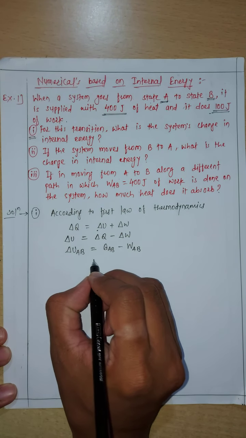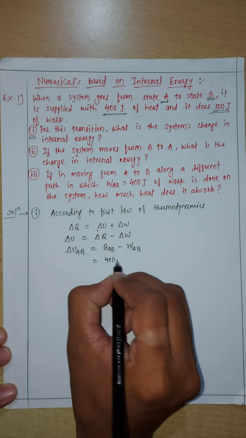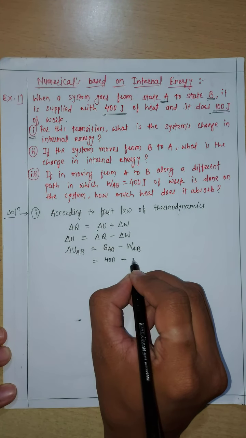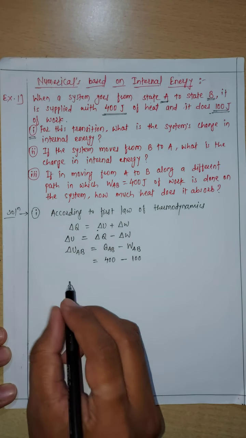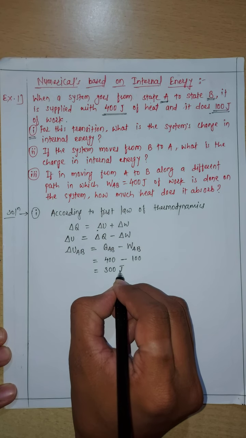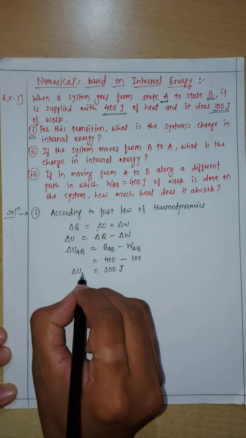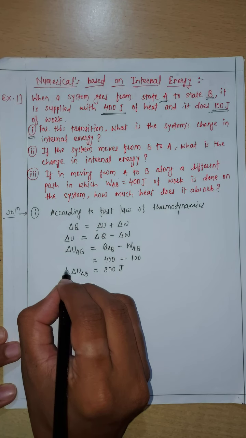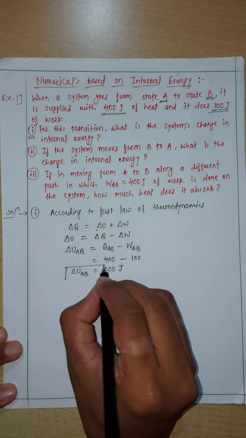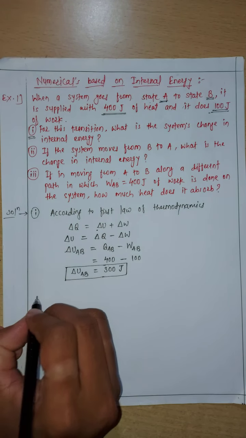We have two values: the amount of heat given is 400 joule, minus the amount of work done, which is 100 joule. So we get 300 joule. That much internal energy will be supplied to the system when it moves from state A to state B. Okay, so this is the answer of the first question.